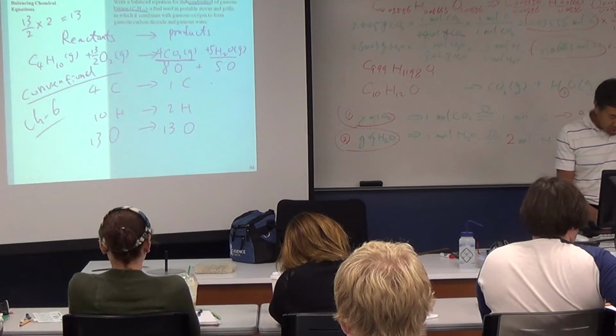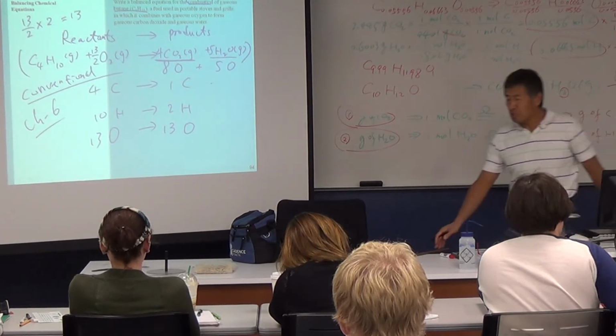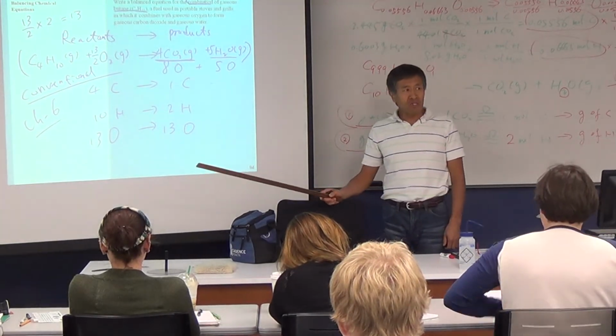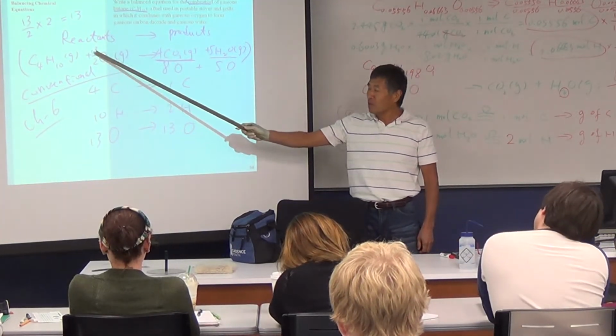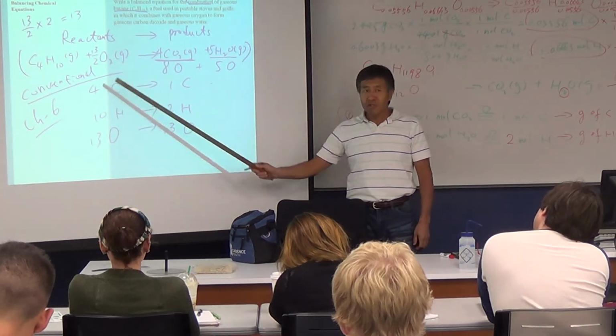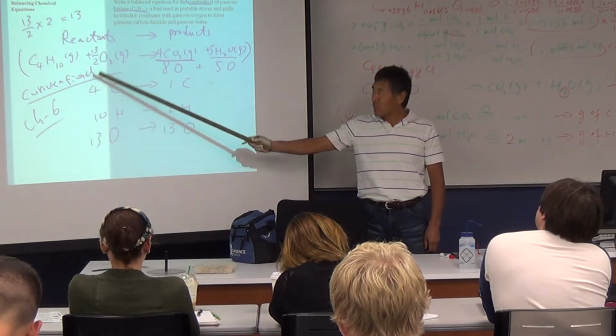Right now we have this equation, and it's balanced if you check. Every atom is balanced. The problem is you have a coefficient here which is a fraction. Conventionally, you don't want to use that kind of format, though in chapter 6 you can use this.